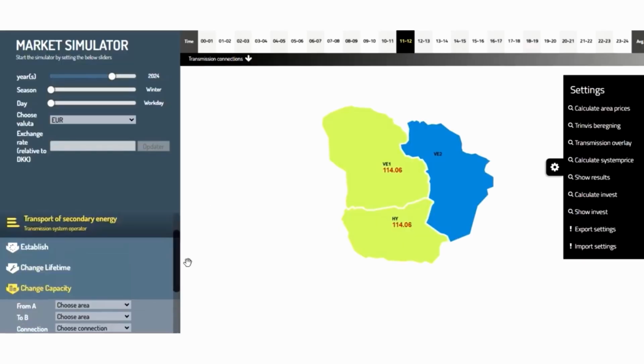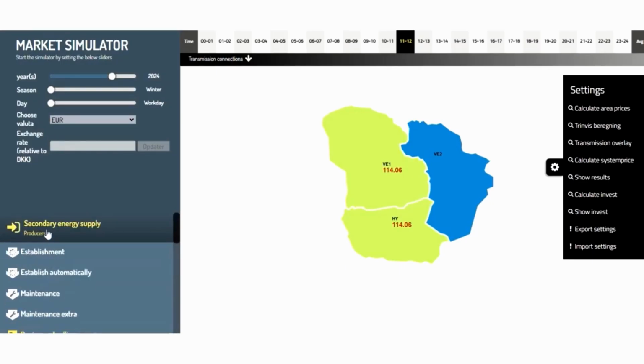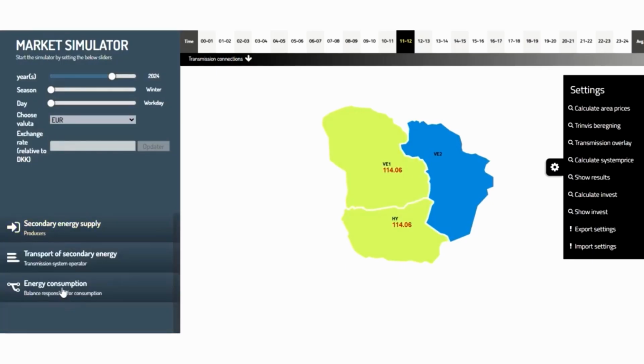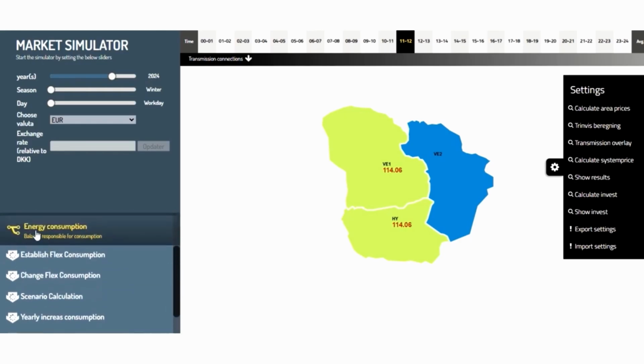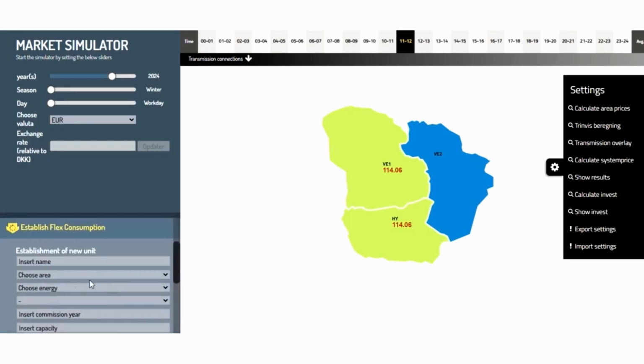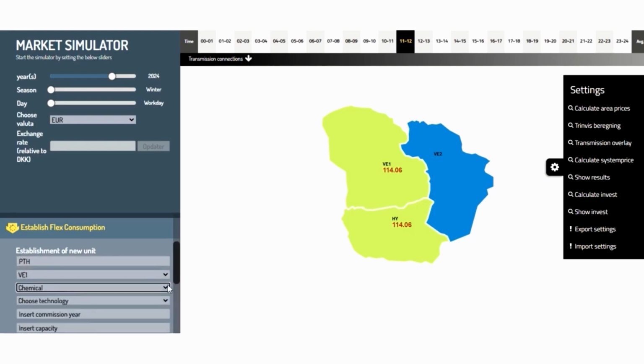When I'm building power units, I'm a producer here where I can establish power units. And when I'm building plants that consume electricity, I go here to energy consumption part here. I say establish a flex plant here. I say it is a power to hydrogen unit here, and I choose the area V1. Energy, it is chemical.